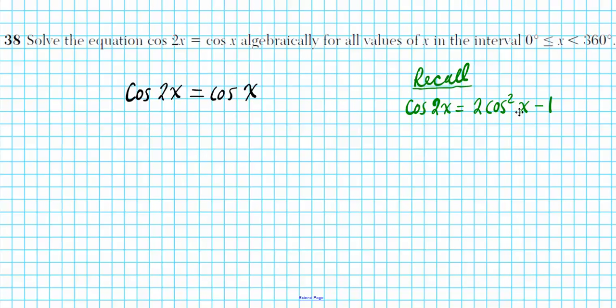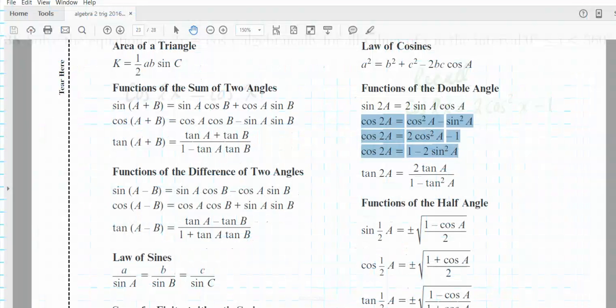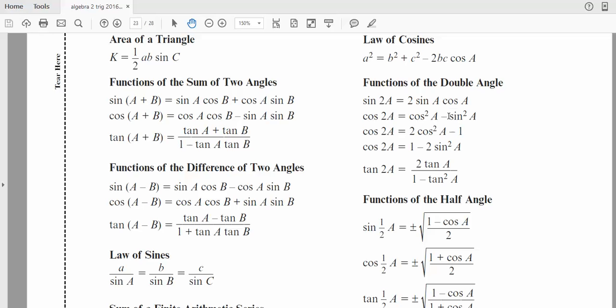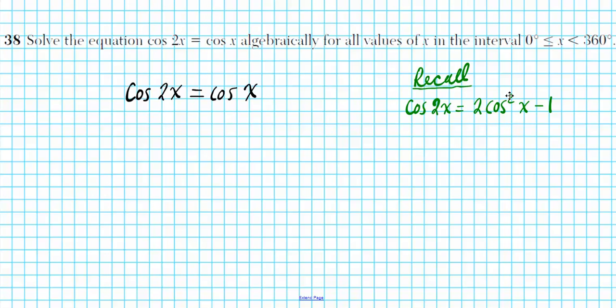Why did I select this one right here? Well, I'm trying to make the cosine functions uniform. The other ones that are present, this one has a sign that's problematic. This one has a sign that's not good. So I want to have just cosine functions.